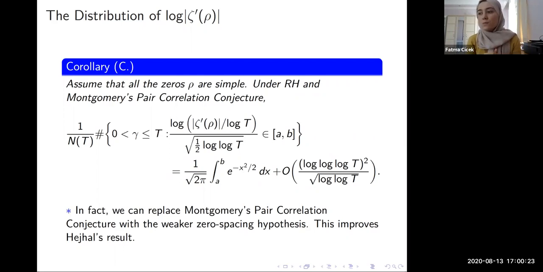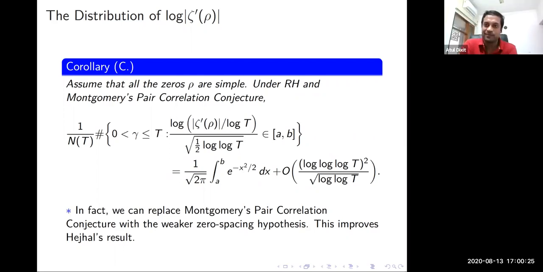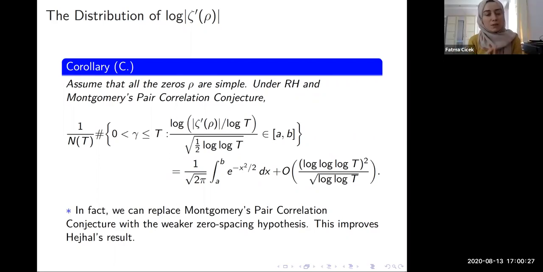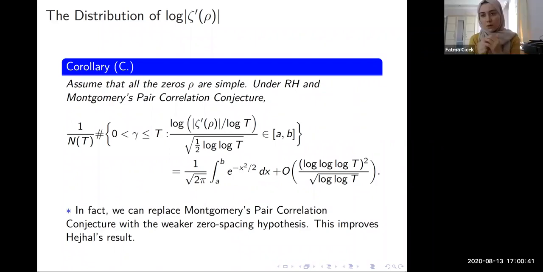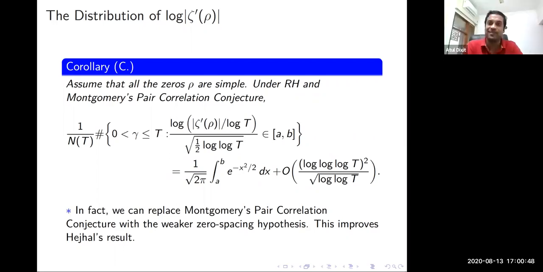But you can't do the same for the argument of zeta prime, because you don't have that term that allows you to see the derivative of zeta. So that works for the real part, but unfortunately it doesn't work for the imaginary part.